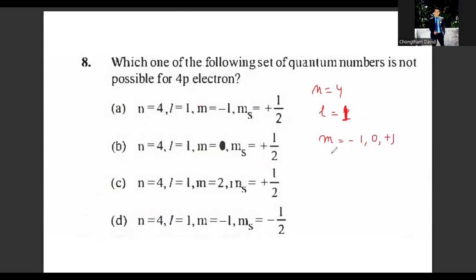This is your magnetic quantum number, and spin can have two designated numbers, in the clockwise plus half and in the anti-clockwise minus half. So looking at these values, you cannot have option C as the correct answer. So this is not possible for 4p electrons. How can this have 2 as the magnetic quantum number, right? There is no possibility of having 2 in the magnetic quantum number. So C is the answer to question number 8.